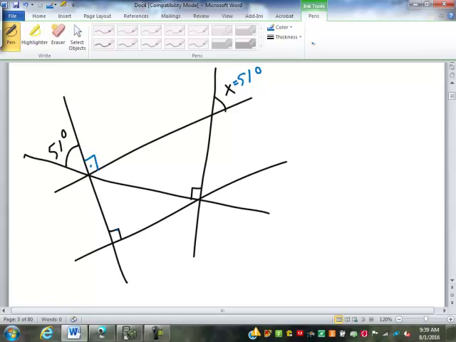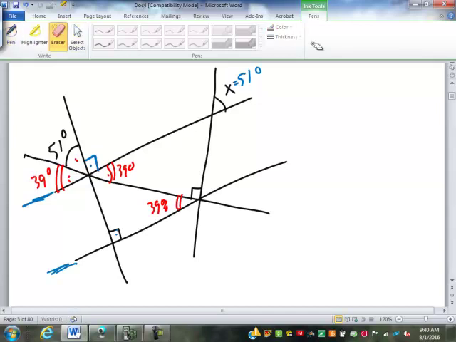Because this one's 90, we're assuming these two lines are parallel, otherwise we can't do anything here. That has to be 90 degrees because that one's 90 degrees. Which makes these two complements. So this angle must be 39 degrees. If that's 39 degrees, this one must be 39 degrees.